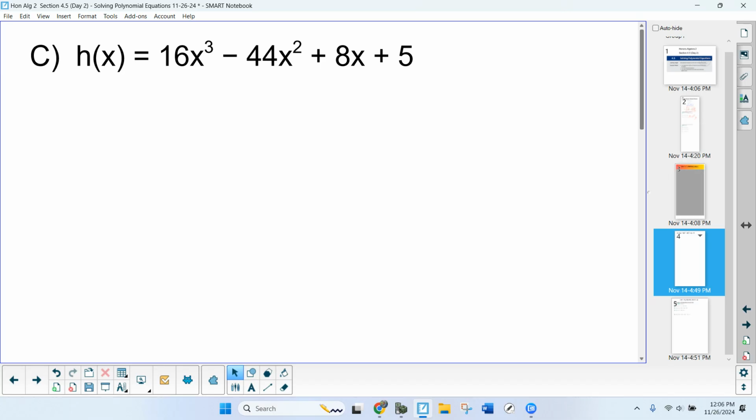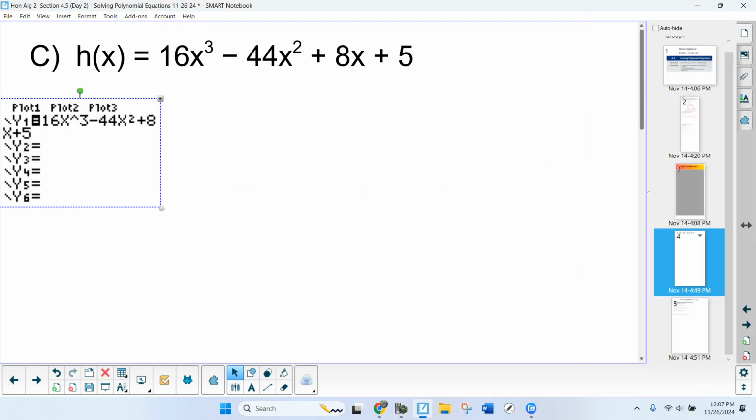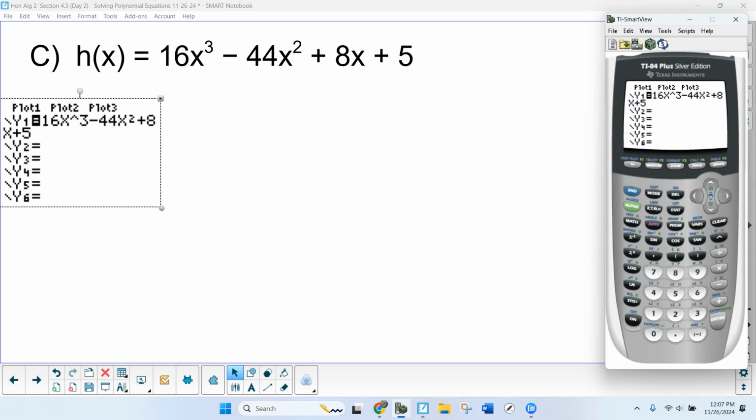So, some of you went straight to your graphing calculator yesterday instead of doing P over Q. All right, so if I go straight to my calculator and I do 16x to the third minus 44x squared plus 8x plus 5, I'll run it again just to make sure.